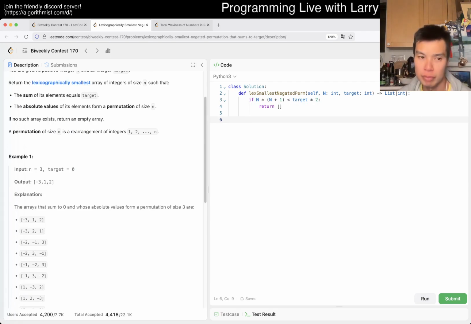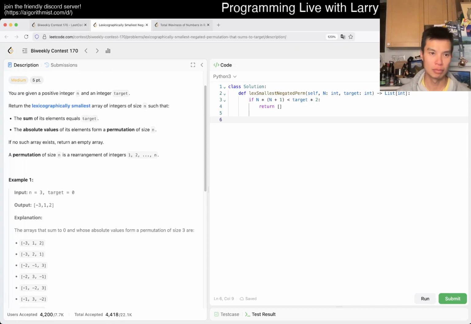I mean, the lexicographically part is not that hard, it's just a permutation. Fine, right? But then that's just sorting. Permutation is just adding or subtracting.